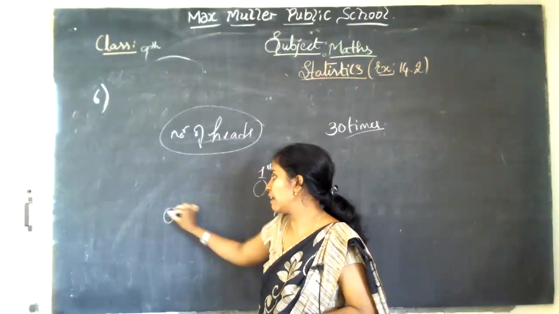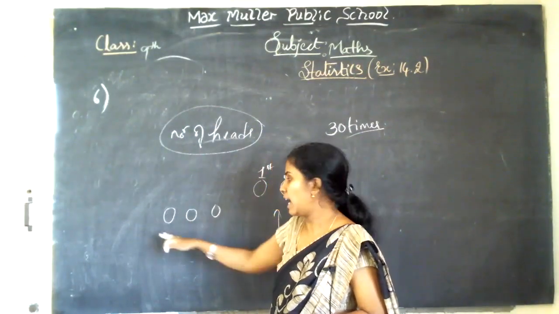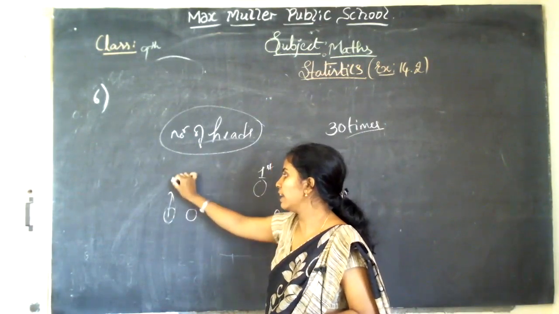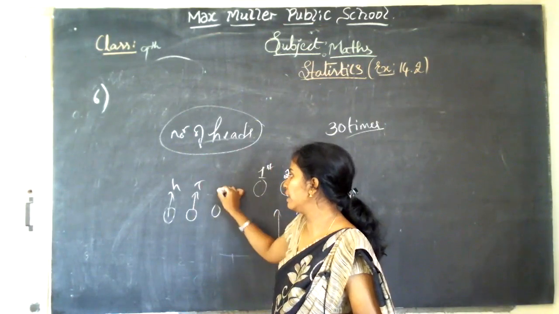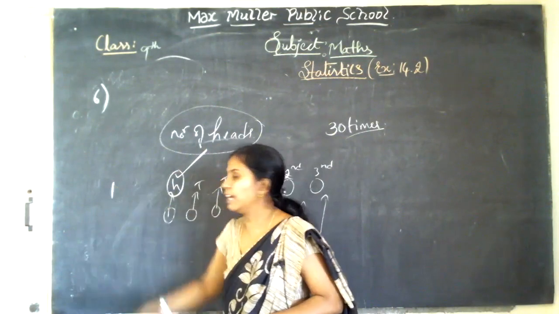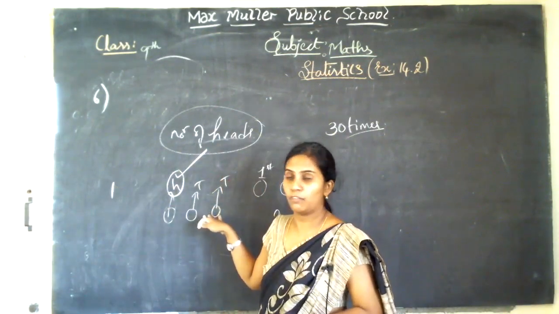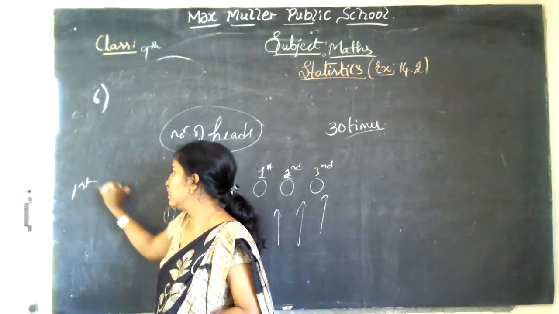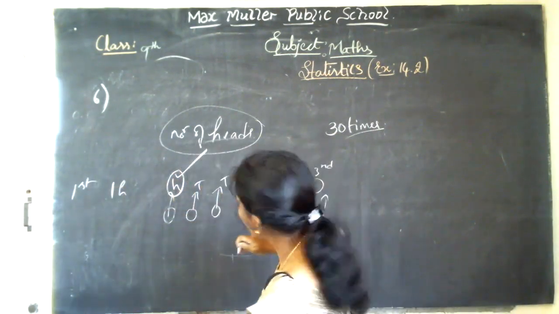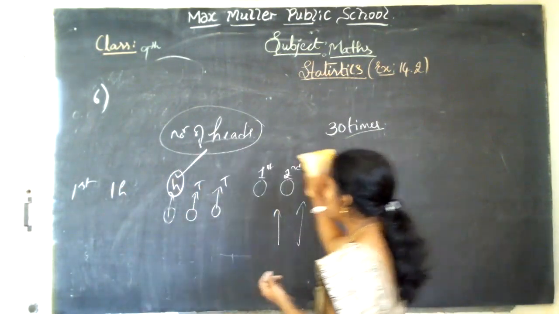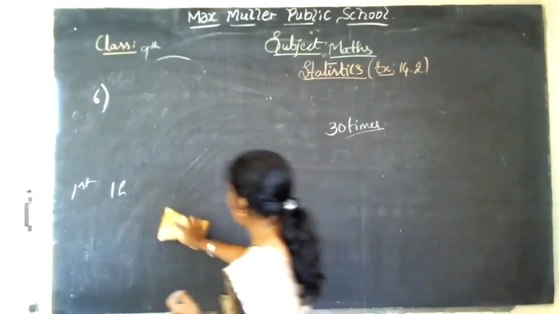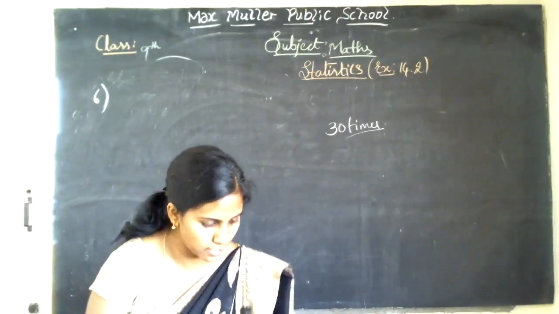For example, if they tossed 3 coins at a time, and one shows head and two show tails, they only noted one head that time. For the first time, how many heads did they get? One head. Like that, they note it down. Similarly, they have given data, which is the number of heads obtained each time.